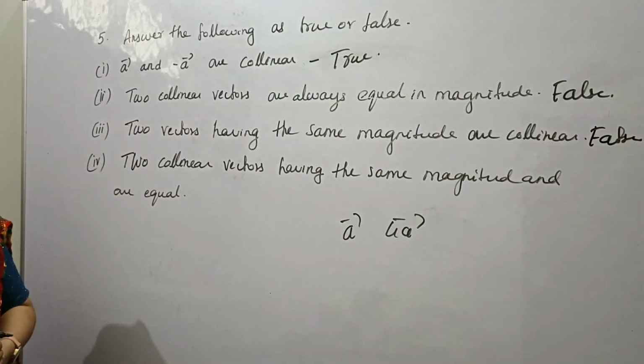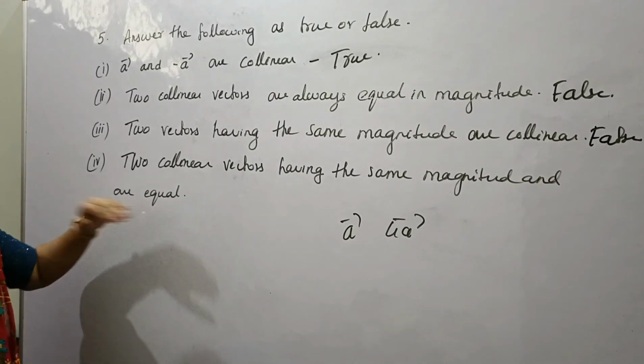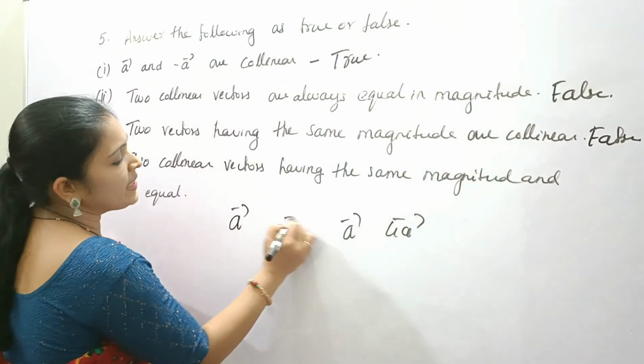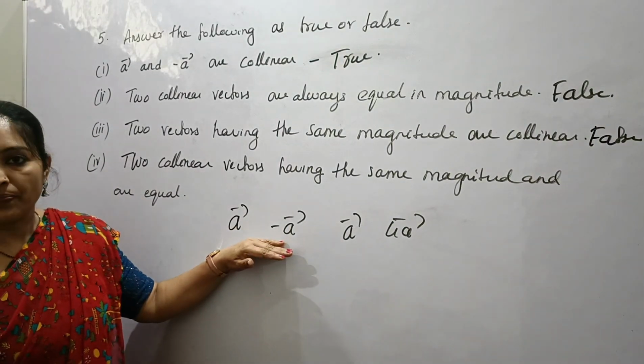Two collinear vectors having the same magnitude are equal. See, vector A and minus vector A are collinear vectors, but they are not equal.